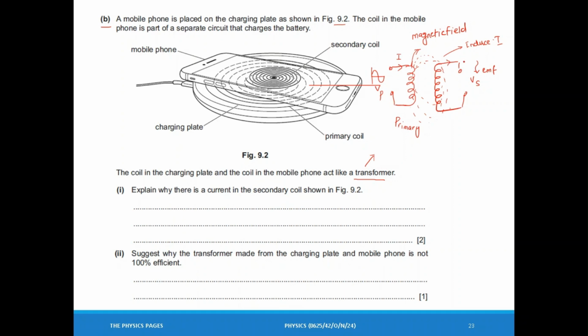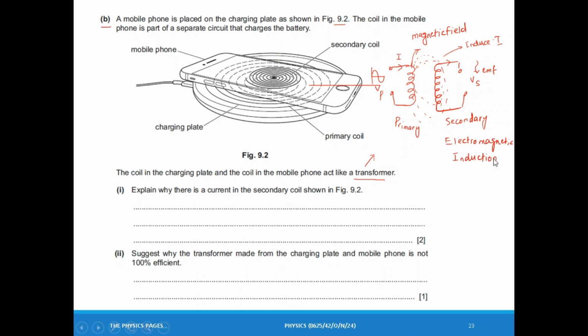Let's say this is the induced current. So this secondary coil will show a secondary current that is induced, and this process is called electromagnetic induction. So this is called electromagnetic induction. What is electromagnetic induction?